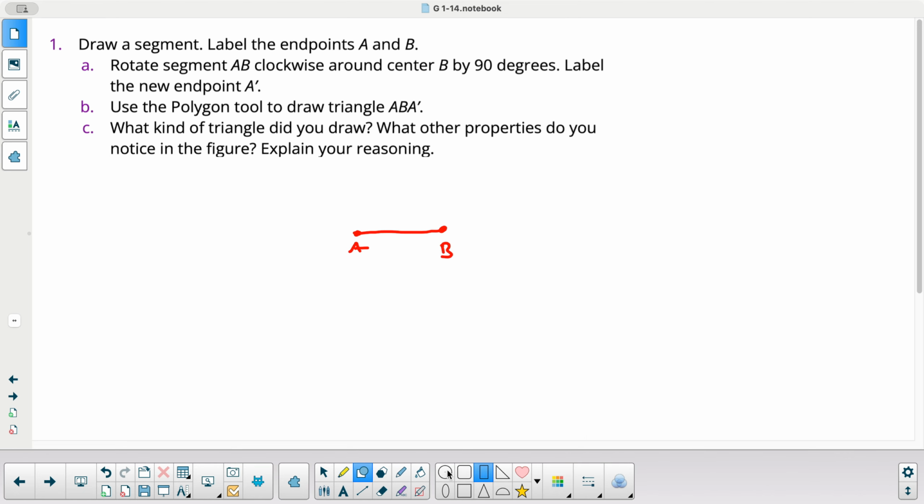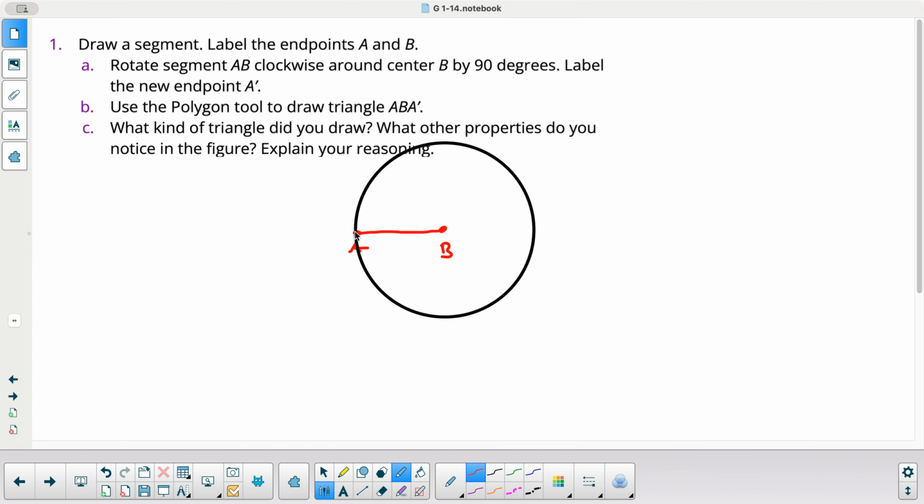It's kind of like, think of your circle here. It's kind of like I take this point A, swing it 90 degrees up here. So this would be my A prime. And here is my new figure, okay?